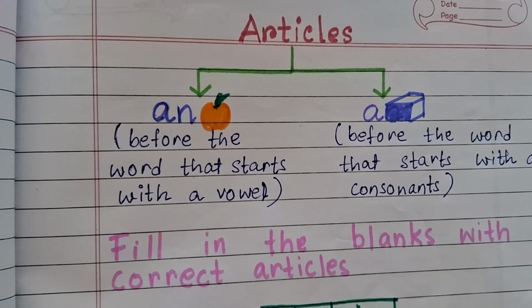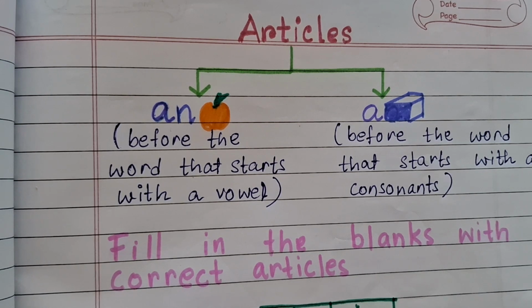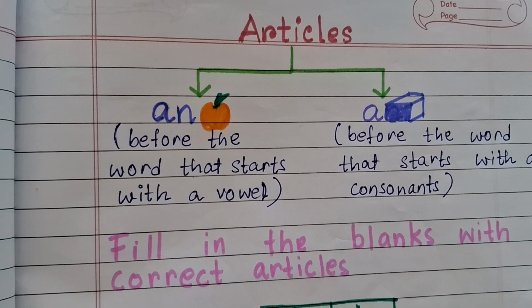On the other hand, if a word, specifically a noun, begins with a consonant. What is a consonant? The letters which are not vowels. Those are the consonants, like B, C, D, F, G, H, J. The letters which are not consonants are the vowels.